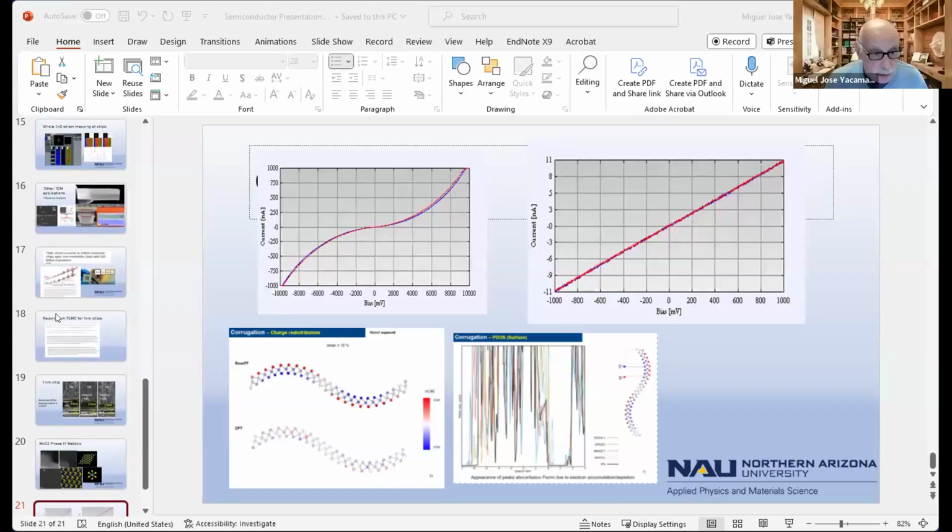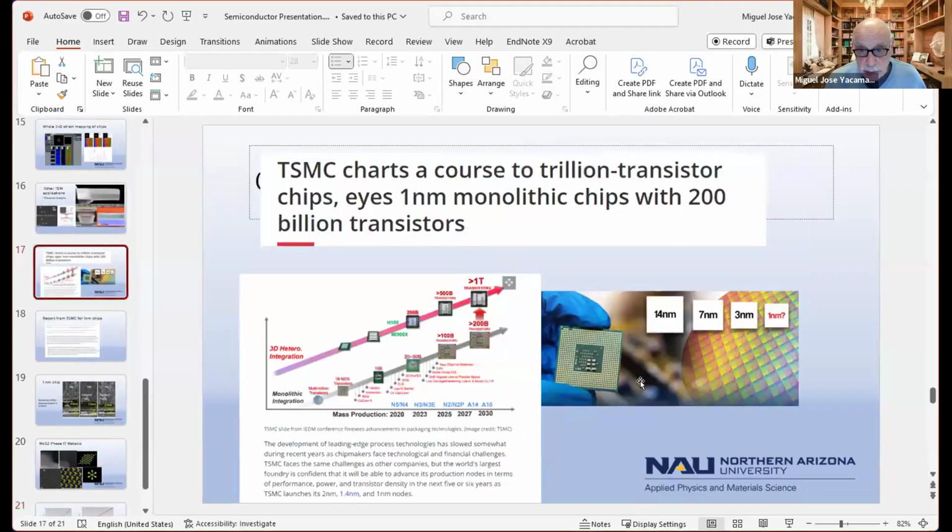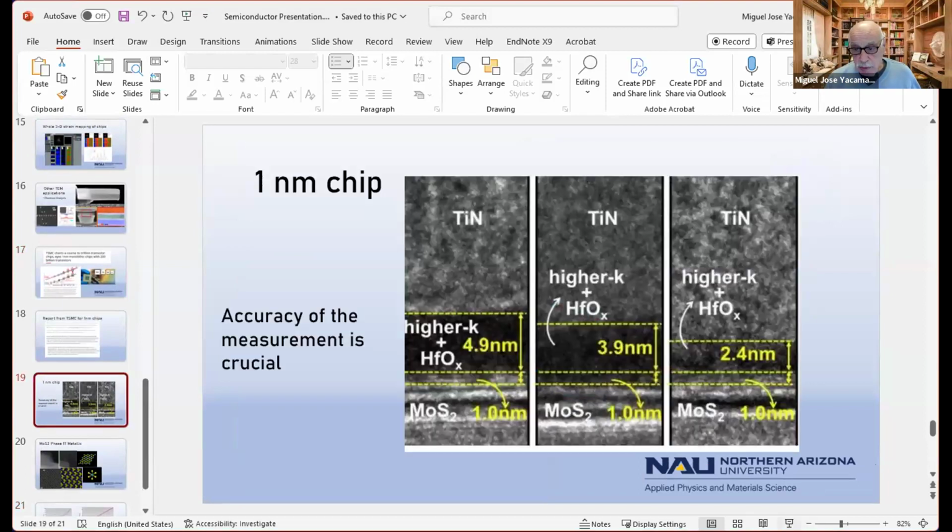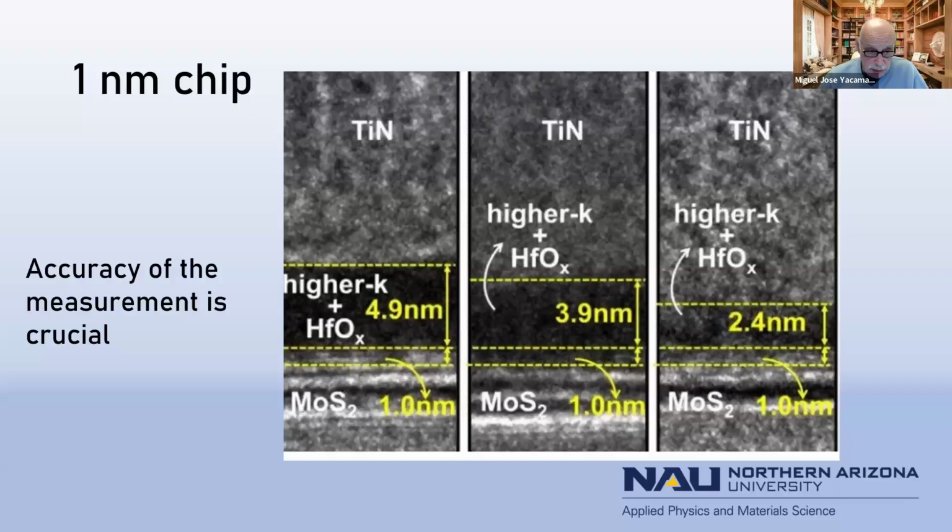Well, okay, if I can quickly open my presentation and share it again. Look, this is the 1 nanometer chip. This is the prototype that was published in a paper by Tanguay Semiconductors and MIT.